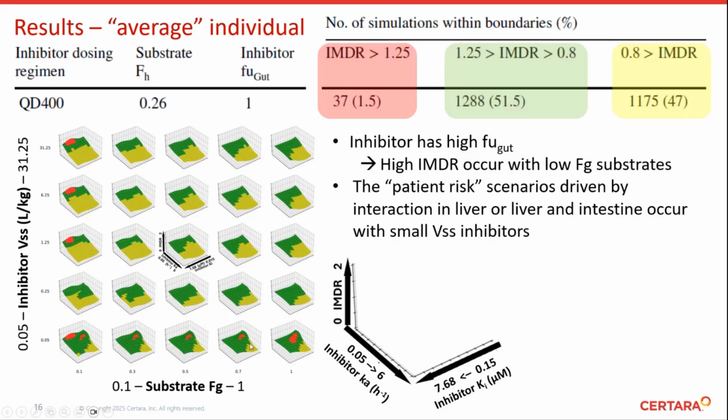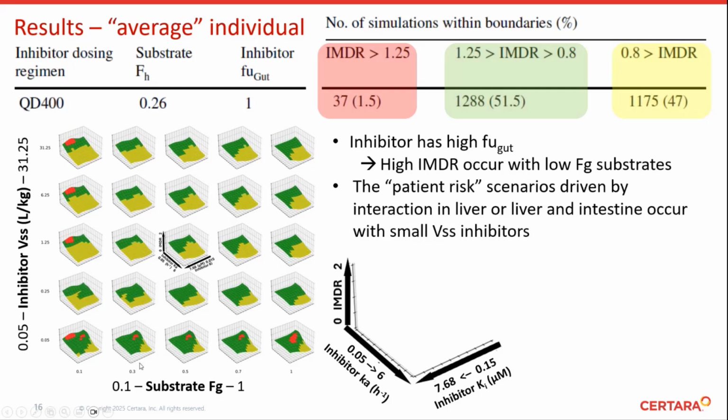But when we go to cases where gut wall metabolism is playing a role, we end up seeing scenarios where the dynamic simulation is predicting more interaction than the static predictions. Whereas overall the discrepancies are towards the sponsor risk, and so the yellow areas are dominating over the red areas here.